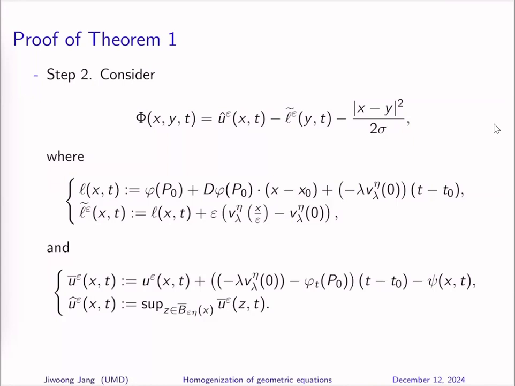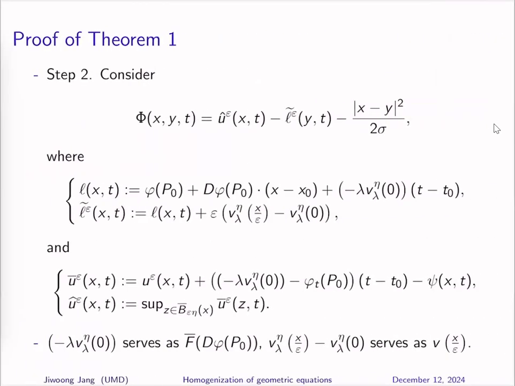And L tilde is with a character term, so it is an almost planar profile, and we have approximations of effective values and the characters, which are not exactly the same. So there are some small errors, and the small errors are encoded in the function psi in the last term of the definition of U bar. After considering all the errors, we take the sup-convolution by Bose sorts to obtain U hats.